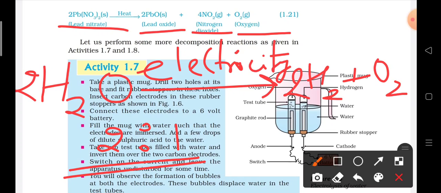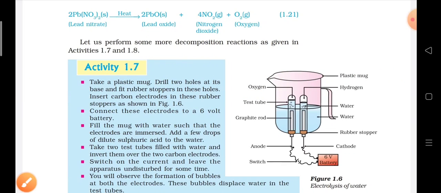So when electricity is passed through water, hydrogen and oxygen gas form, but the ratio of hydrogen to oxygen gas is 2 to 1. This type of decomposition is because of passing electricity, so it is known as decomposition by electricity, or electrolysis. Clear? It is written over here, electrolysis of water, figure 1.6.